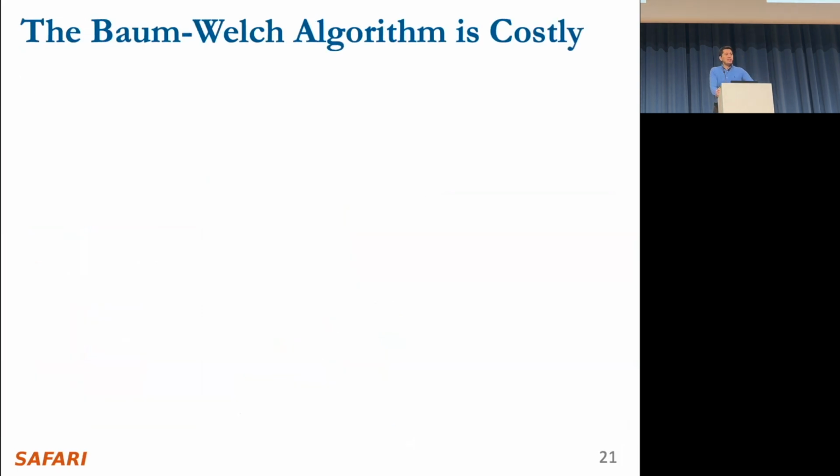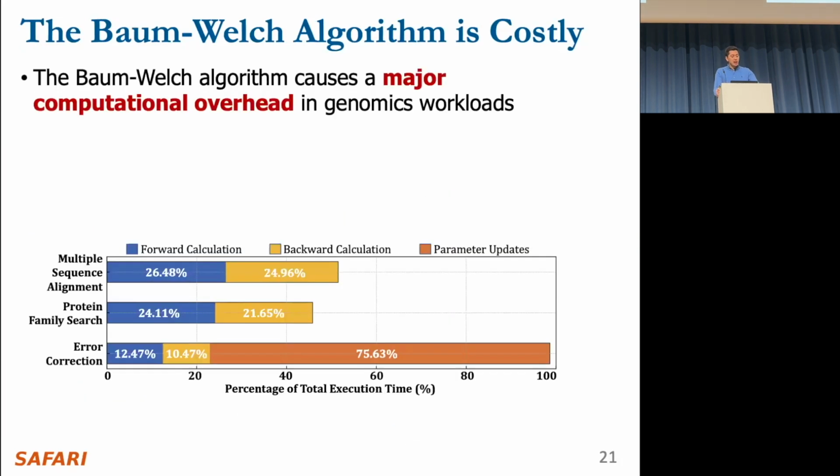But what we really see is that the Baum-Welch algorithm is a very costly algorithm. When we look at these common workloads in genomics, these show different steps in the Baum-Welch algorithm, where the rest of the percentage belongs to the other steps in that particular workload.